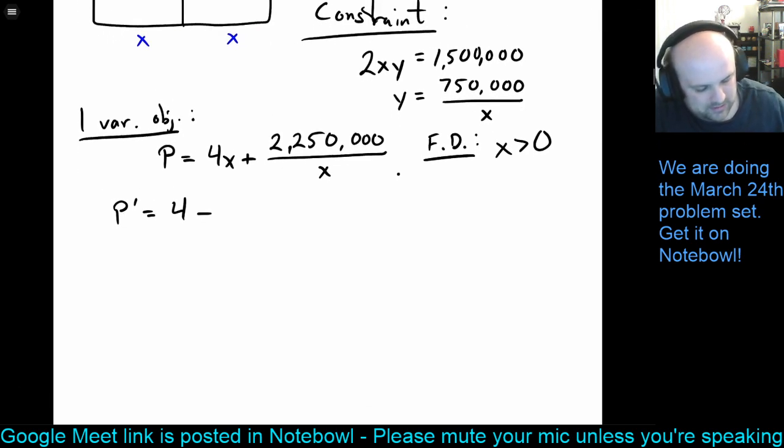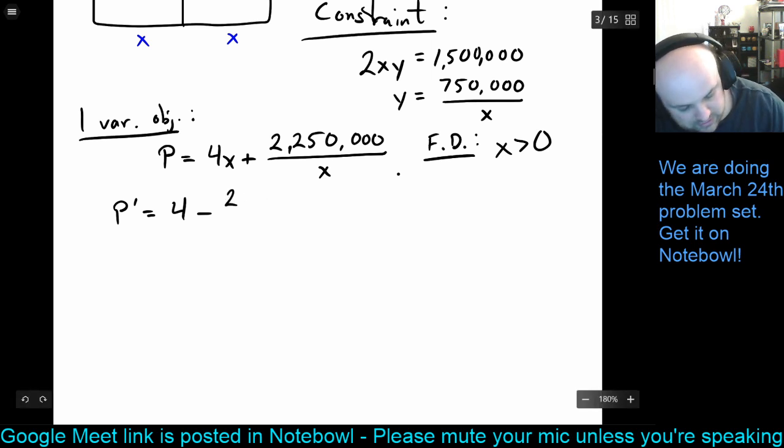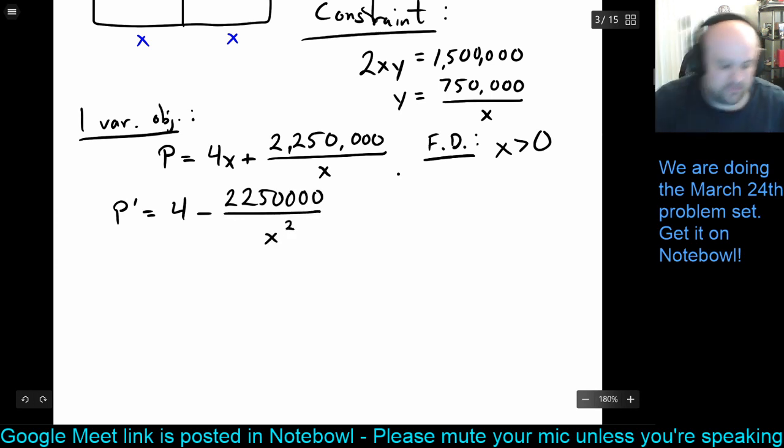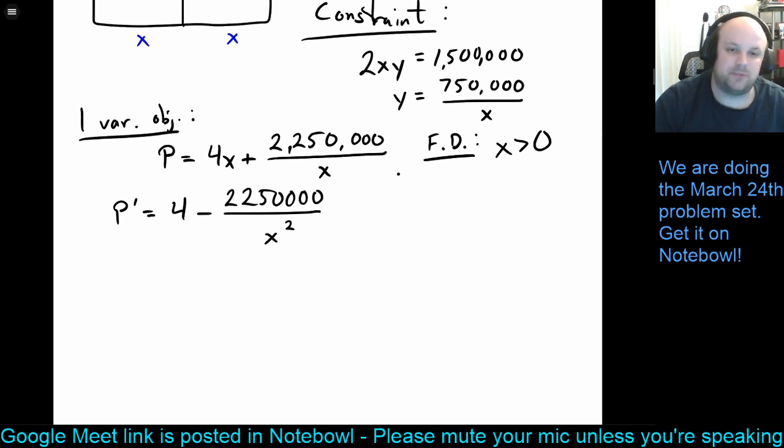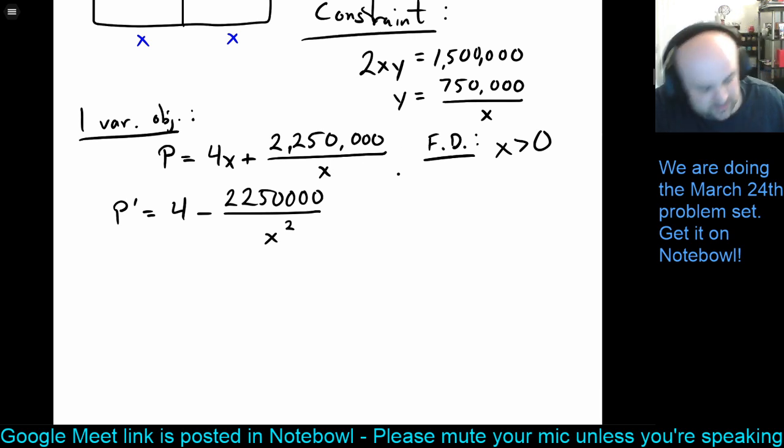All right. So when we differentiate this, we got 2,250,000 over x squared. Right? Because again, this is just x to the minus 1 here. So now this thing we want to set equal to 0.